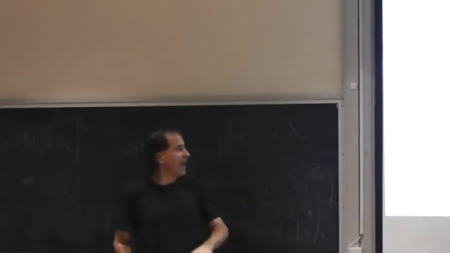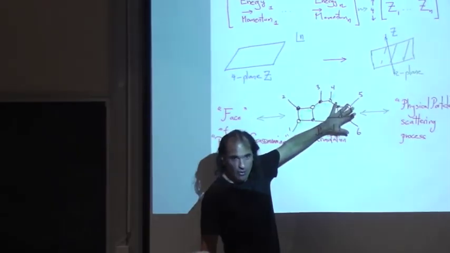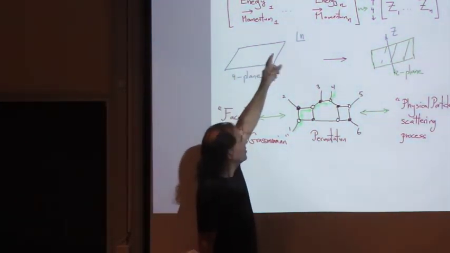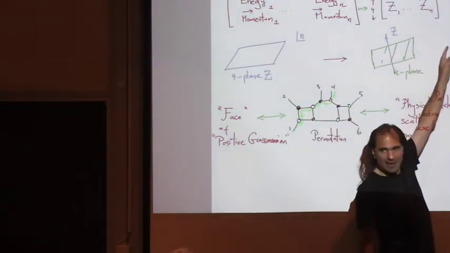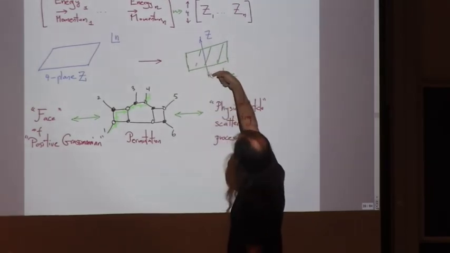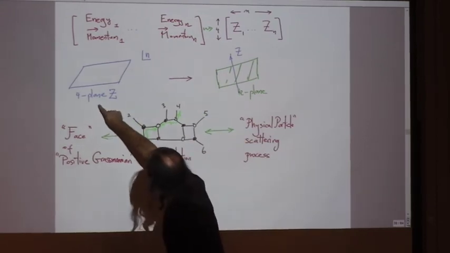And all the boundaries of the positive Grassmannian are associated with these black and white pictures of the right sort. And in fact, when you give me the energies and momenta of the particles that specify this 4×n matrix, that 4×n matrix selects, by the property of being orthogonal to this k-plane that we're talking about, so this 4×n matrix is itself a 4-plane in n dimensions.